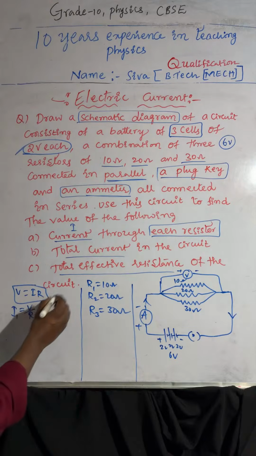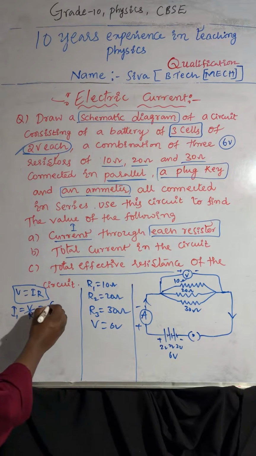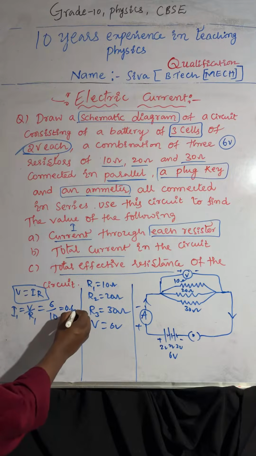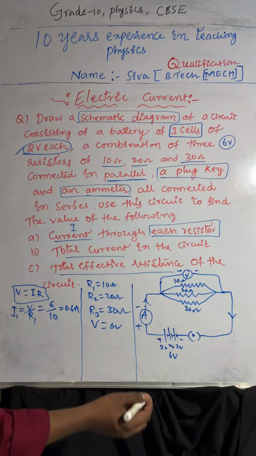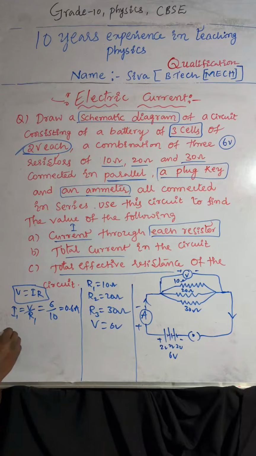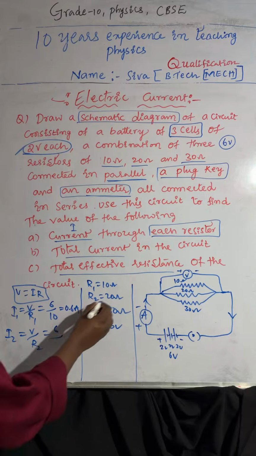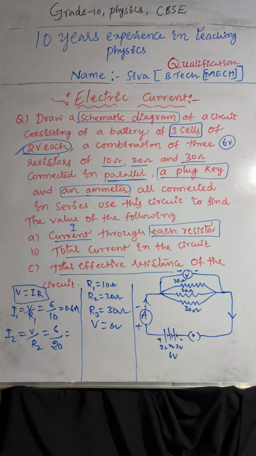V is the same for all, V equals 6 volts. So 6 by 10 is 0.6 ampere. Next, I2 equals V by R2, that is 6 by 20, which is 0.3.